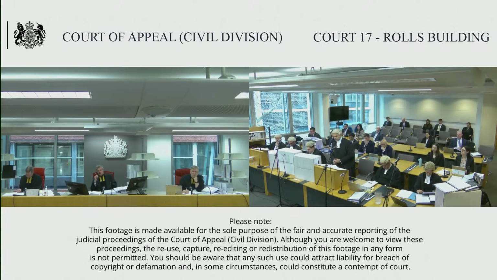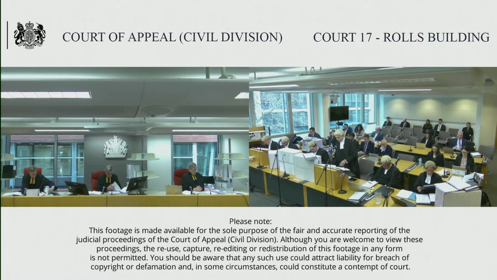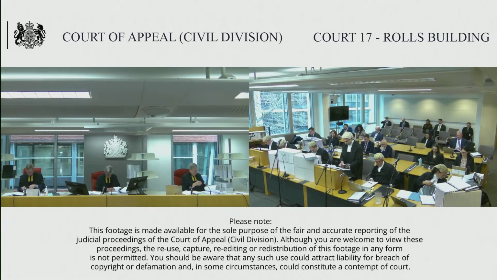It derives essentially from the purposes of business interruption insurance, which we quote in our skeleton, paragraph 87. So our skeleton will be in the core bundle, tab 1, not to be mistaken for tab A. And it's on the penultimate page, page 27.